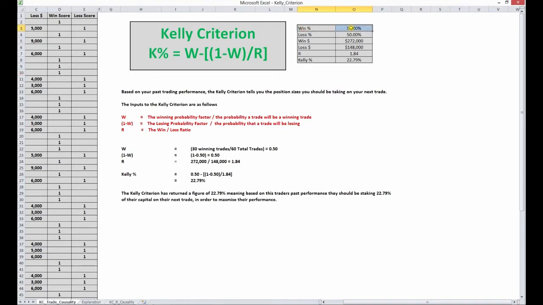What is W and what is R? W is the ability of the trader to generate ideas and time them well. Yeah? Is 50% any good? It's good.